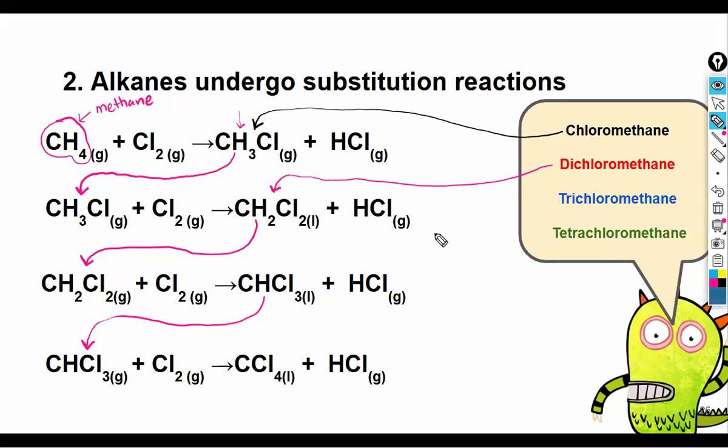When it has three chlorines and one H, its name is trichloromethane. And when finally all four hydrogens get replaced with the four chlorines, it's called tetrachloromethane. Okay?